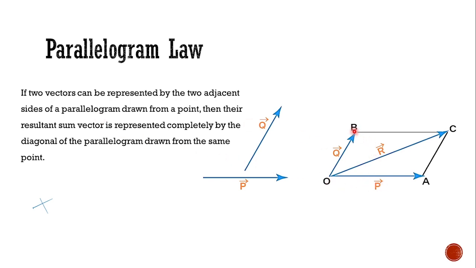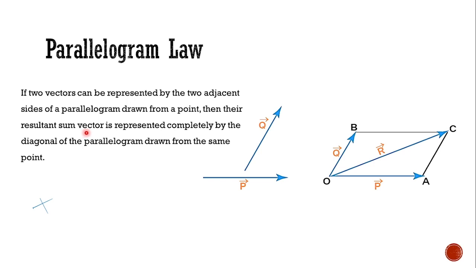Now if we draw a parallel of OA or vector P along the point B, then we get this line, and draw another parallel of OB from point A, we get AC. So the diagonal OC will represent the resultant vector for these two vectors.